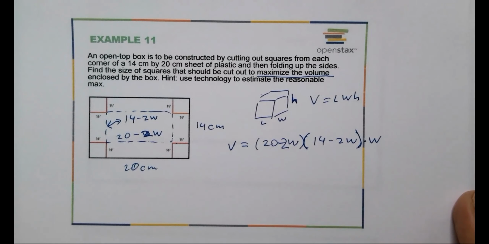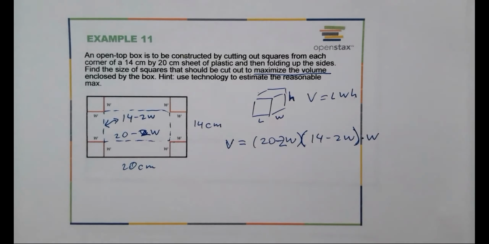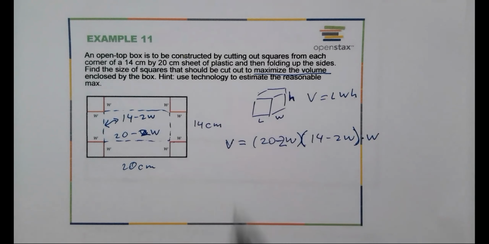All right, so how do we figure out the volume? Here it says use technology to estimate the reasonable maximum, because we don't have the tools right now to actually find the W which will give us the maximum value.